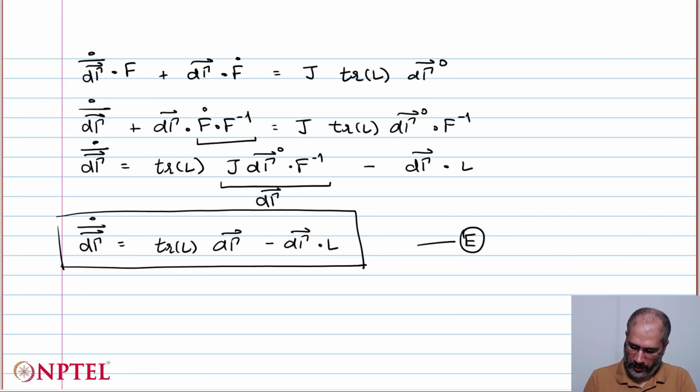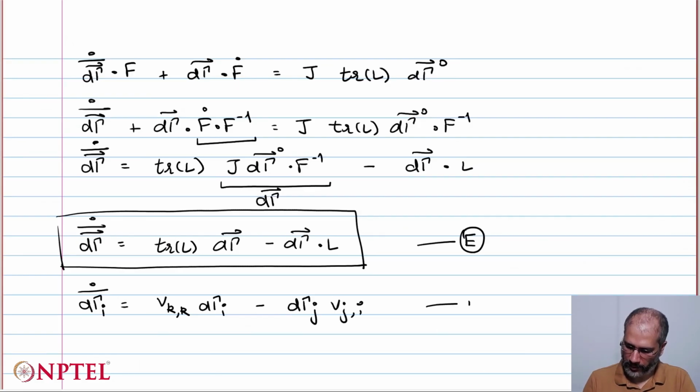I'll also box this because that is the relation that we wanted to get. Let's write this in the initial notation as well. So this becomes d gamma I, the material derivative of that. The trace of L is Vk comma k times d gamma I minus the dot product is d gamma j vj comma I. This we'll call E1.